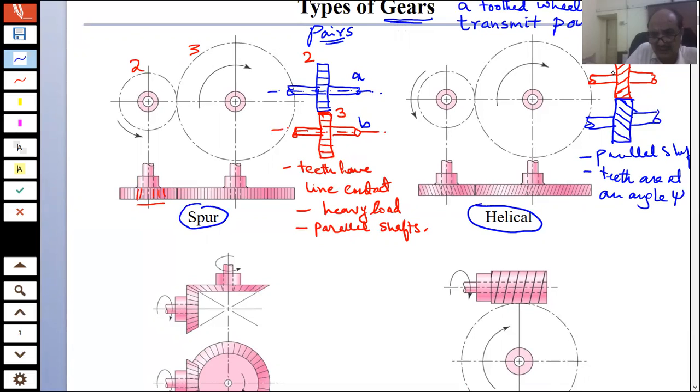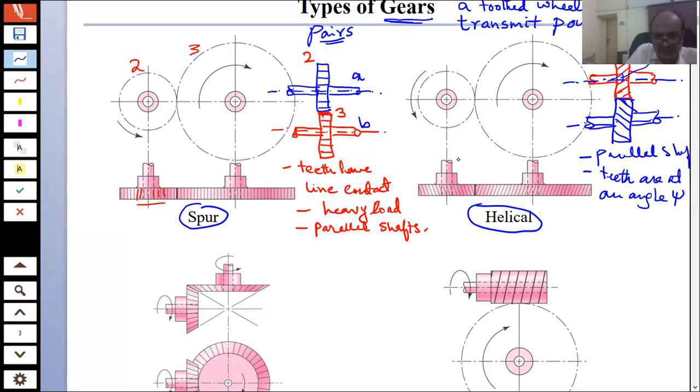So if this is the axis of rotation of the shaft, and this is the axis of rotation of the next shaft, then this angle between the tooth and the axis of rotation is known as angle psi. So if one is left-handed, then the next one should be right-handed.